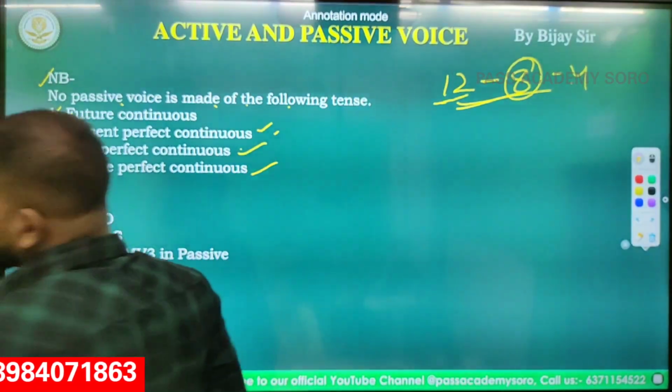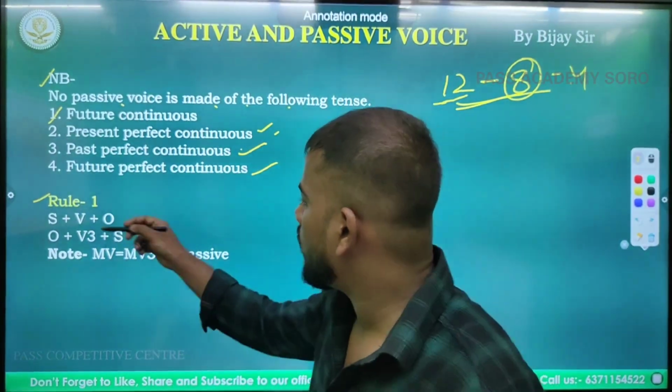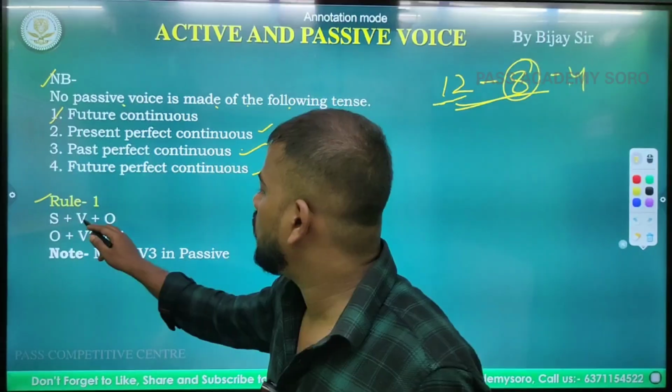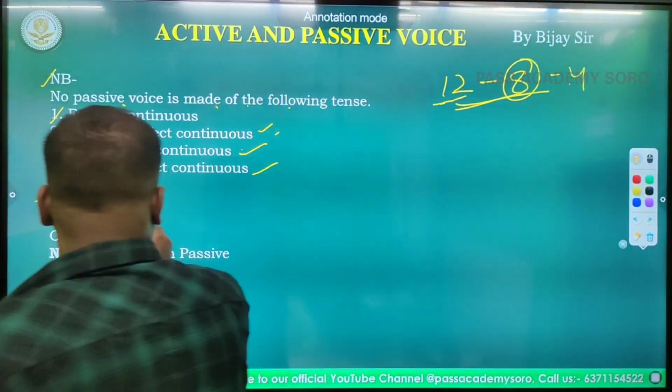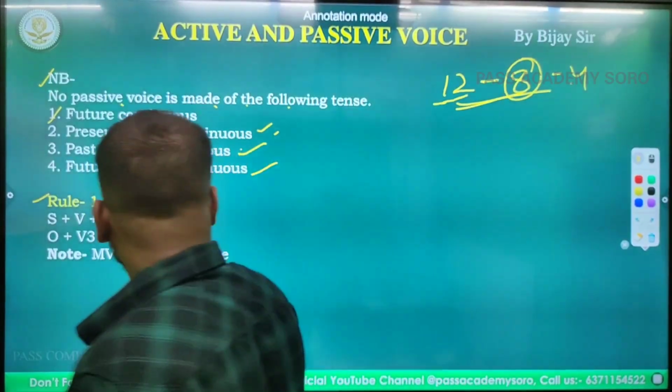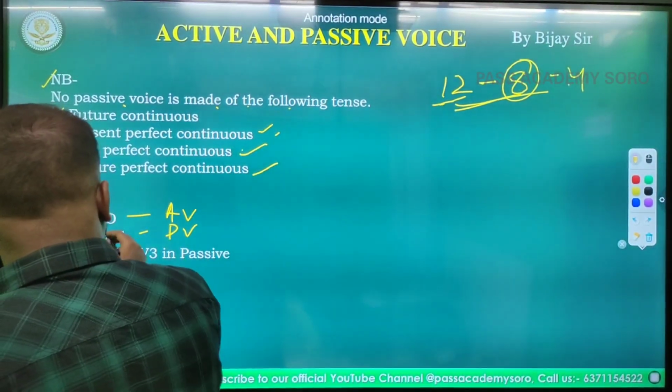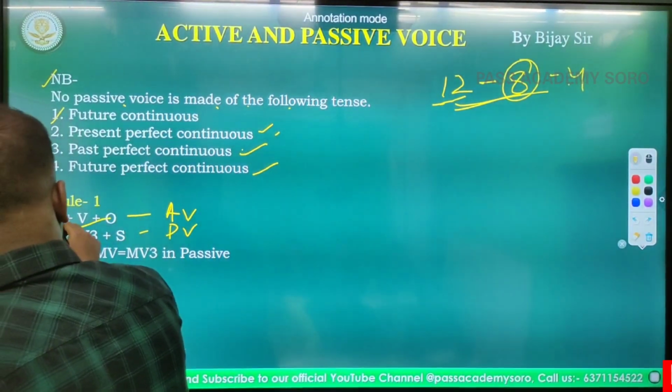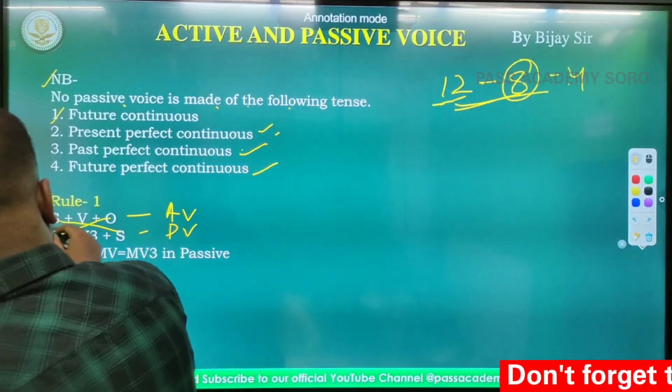Now rule 1. There are certain basic rules. Rule 1: subject, verb, object is active voice, and while changing into passive voice, our object becomes the subject and the subject becomes the object.